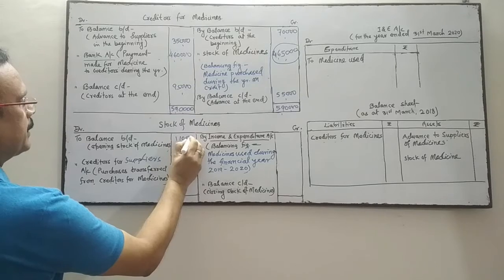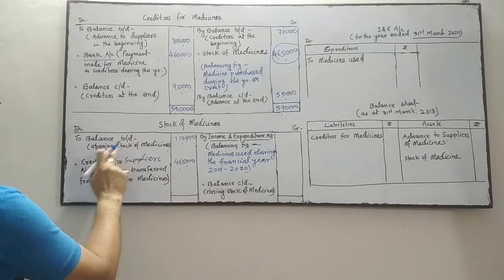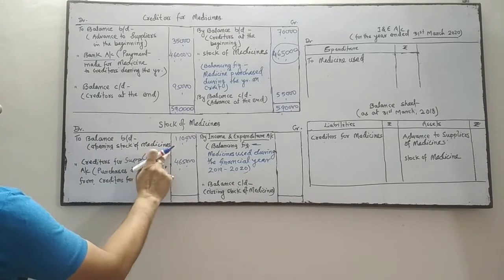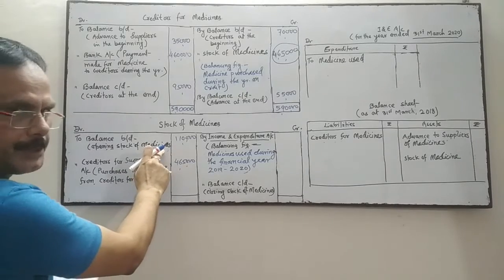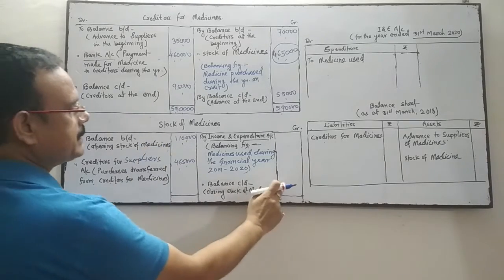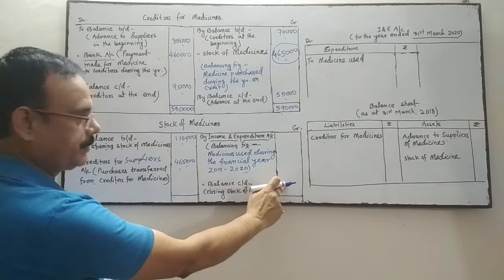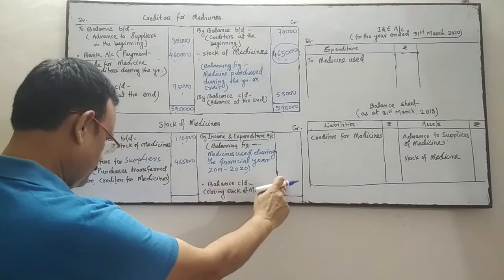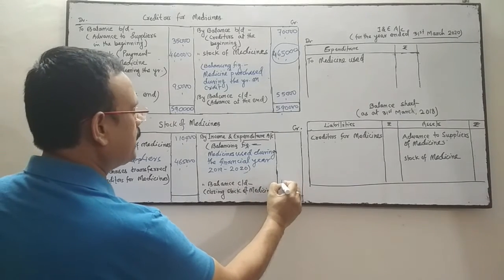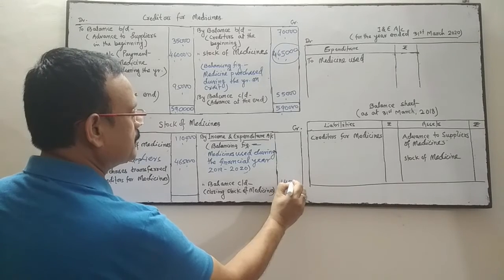We'll write it over here, opening stock, balance brought down. Here we will write the opening stock of medicine, and on this side the closing stock of medicine. The closing stock of medicine is 1,45,000.